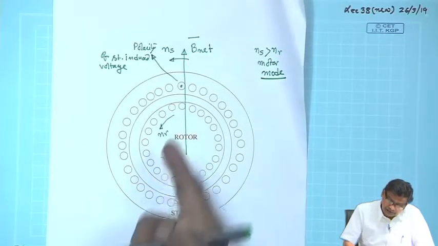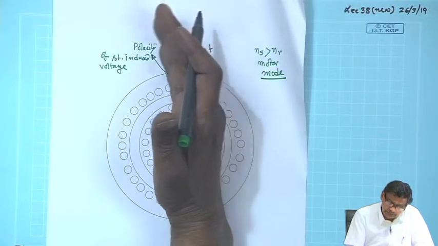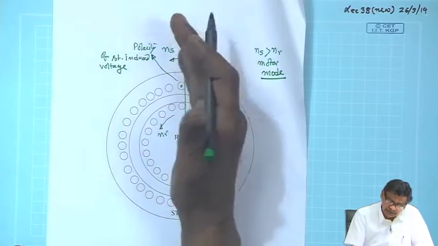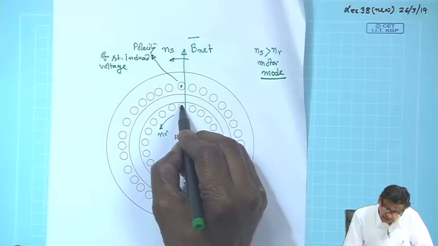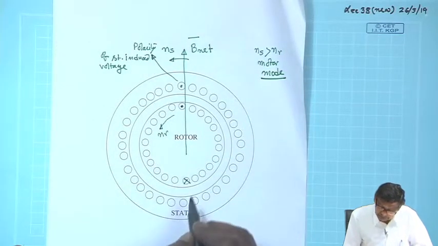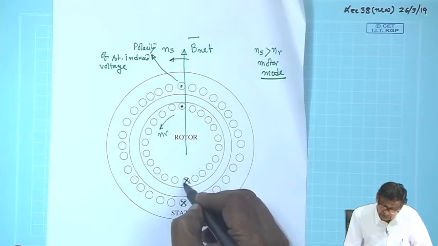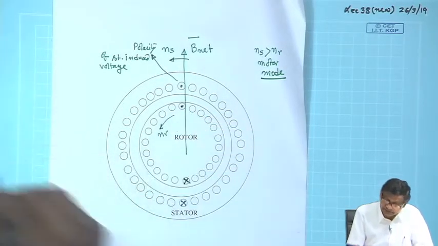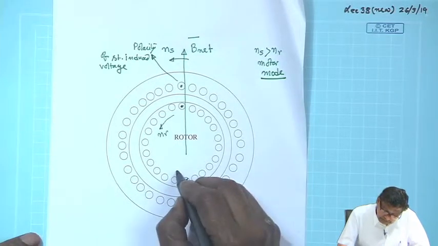So, similarly, if you sit on the rotor conductor, B net will appear to move with the slip speed n s minus n r in this direction. Therefore, the polarity of the rotor induced voltage will also be the same as the stator induced voltage polarity.